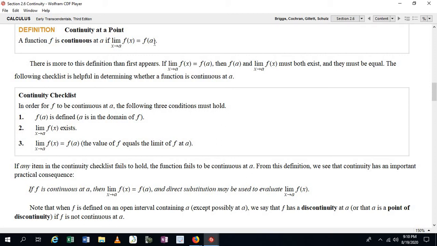In other words, f of a has to equal a number, and this limit has to equal a number. That's what the first two conditions say. And then the third condition is whatever those numbers are, they have to be the same number. They have to be equal to each other. So that's called the continuity checklist.